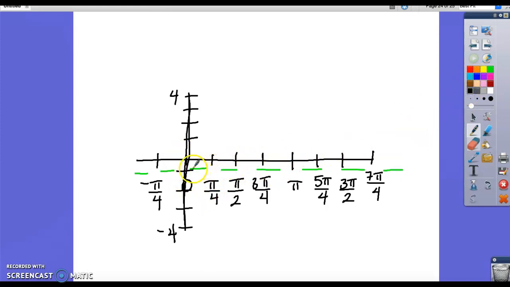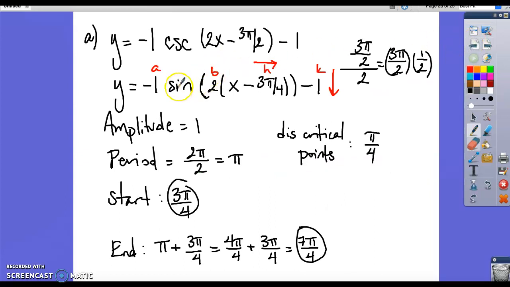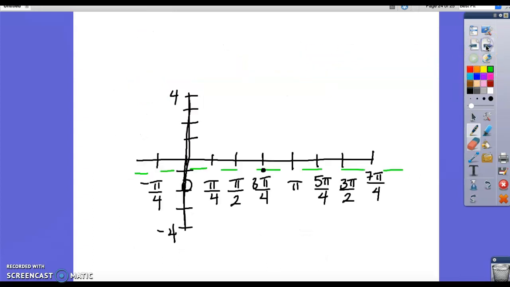So I'm going to start by graphing the sine function. I said my start was 3 pi over 4, so I'm going to start at that point. The last thing I need to take into consideration is this negative. That's a reflection across the x-axis.